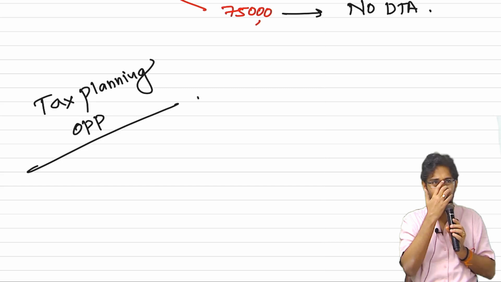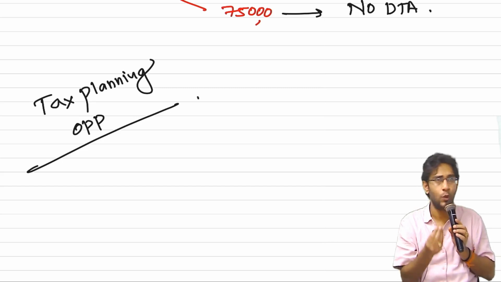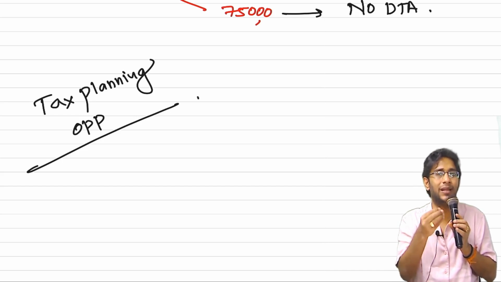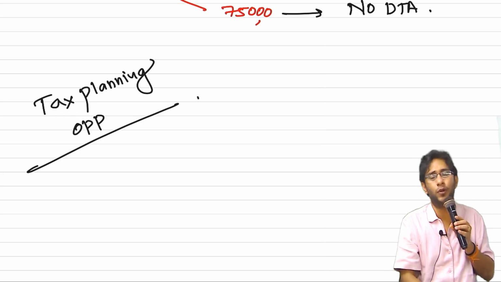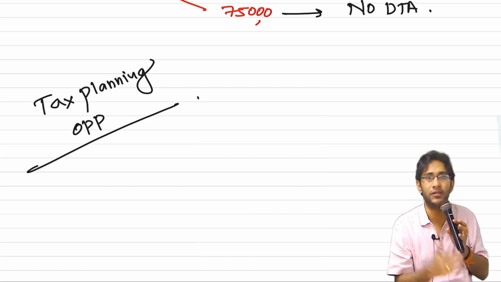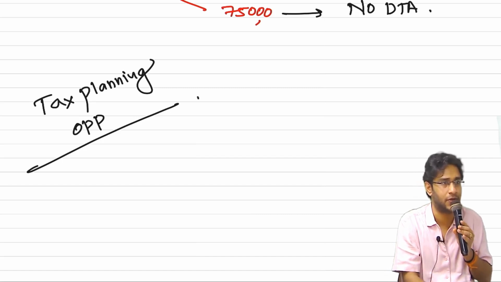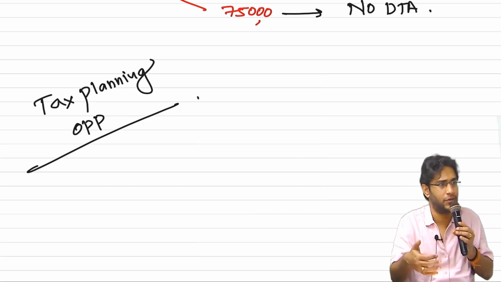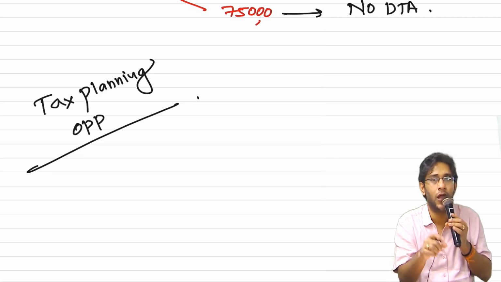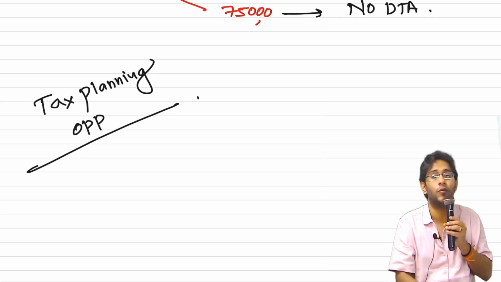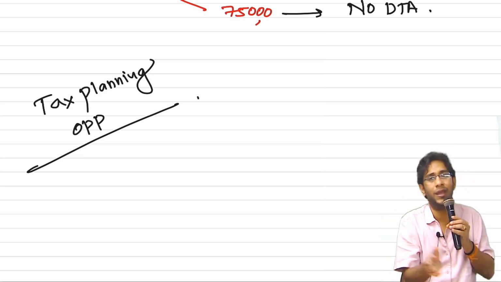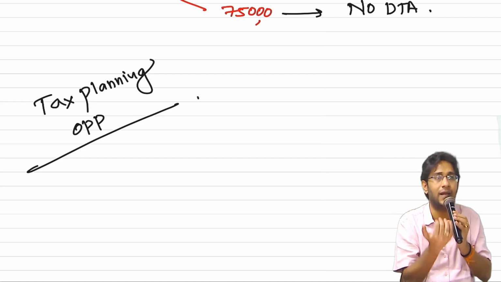Simple examples generally here would be, if you are having an asset which is giving you some income, but that is an exempted income. For example, you are having some land which is used for agricultural purposes. Agricultural income you are earning every year, but that income is not taxable, exempt. What to do? Sell that land, or buy another land which is giving you taxable income.